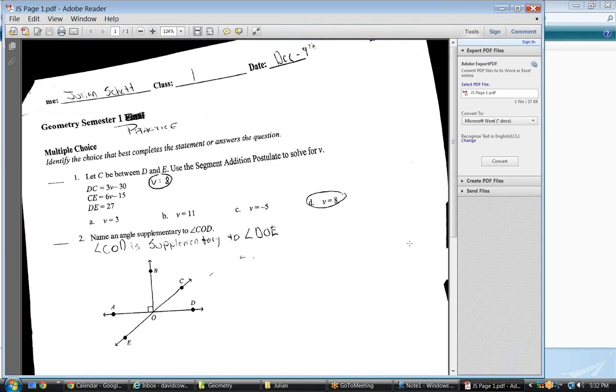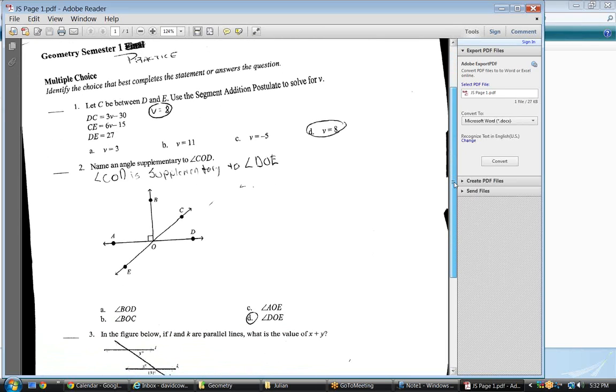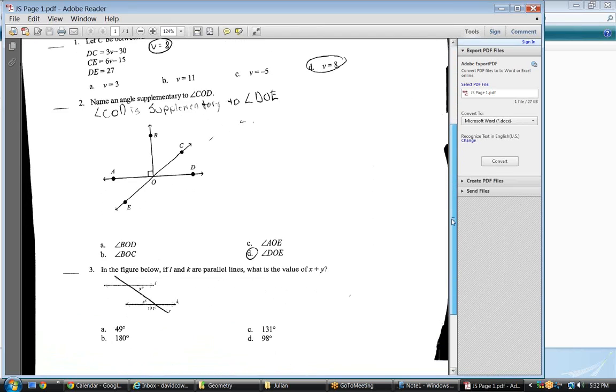Certainly if you see any of these problems that you want to go over, say so. Otherwise, I'll just look at them randomly and re-ask them. Okay. These kind of have the answers circled.